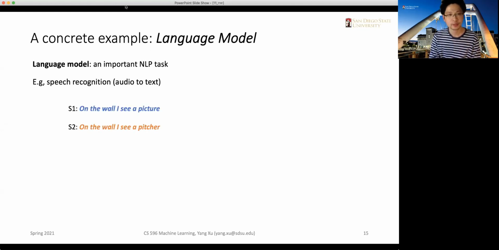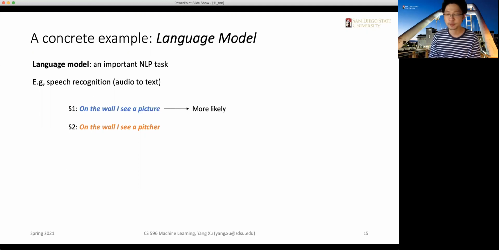Okay, so let's take the speech recognition example and say there are two sentences that are candidates for the sentence being recognized. The first one is "On the wall, I see a picture," and the second is "On the wall, I see a pitcher." So these last two words sound very similar, right?